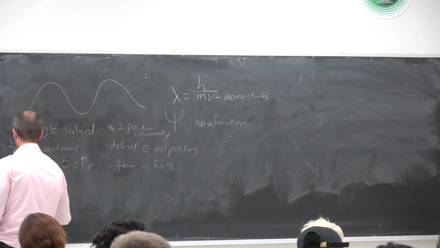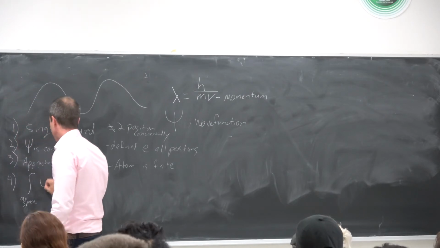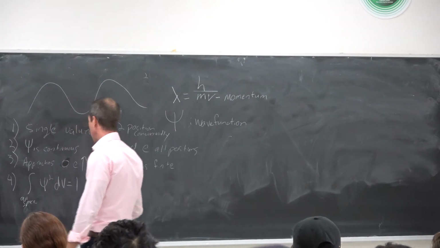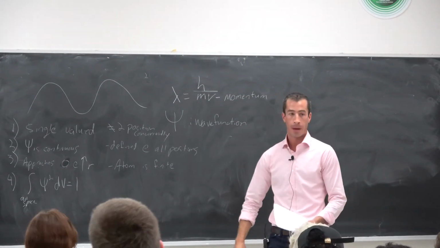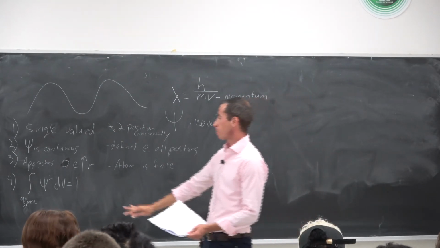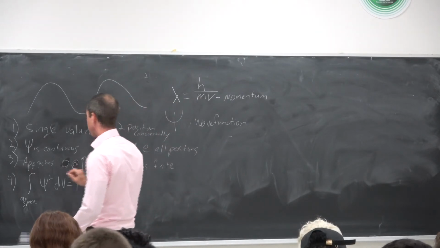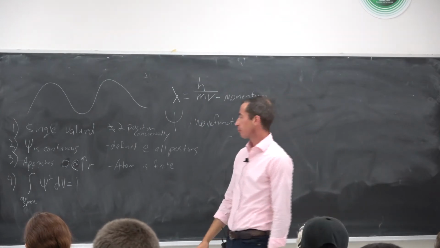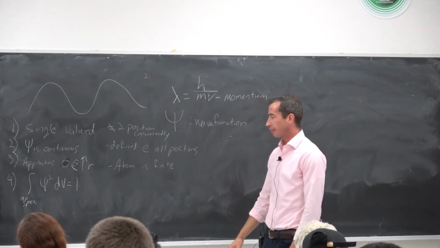Fourth, if you integrate over all space... So, you say at high r? Yeah, at far distances from the nucleus, at large radii, which is saying that the atom is finite.